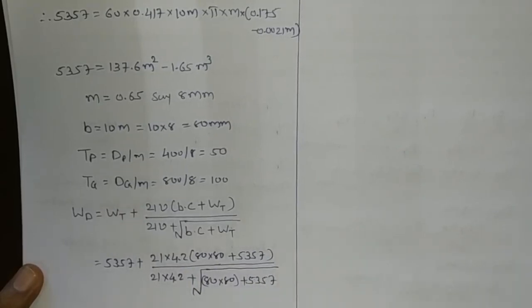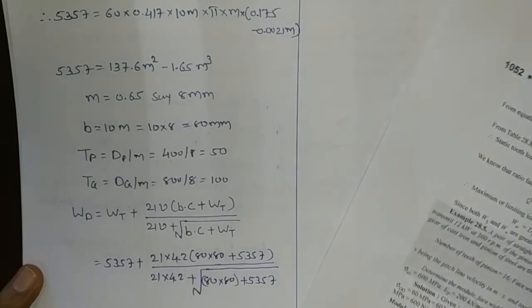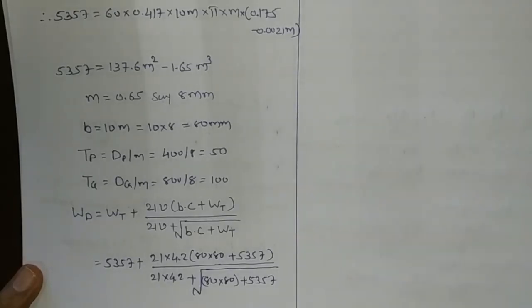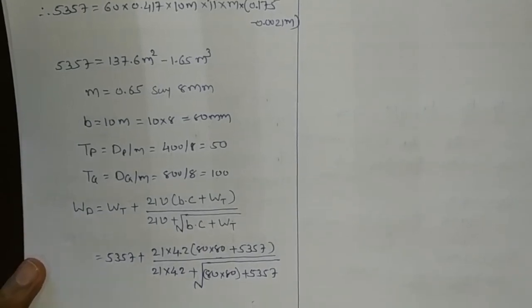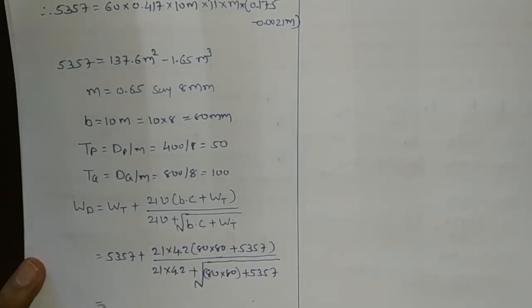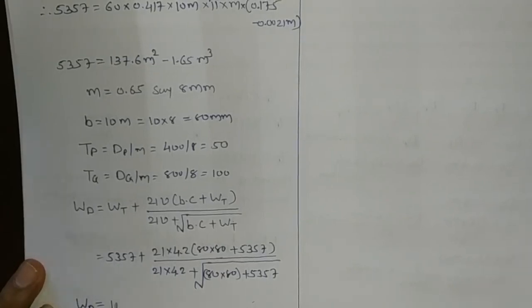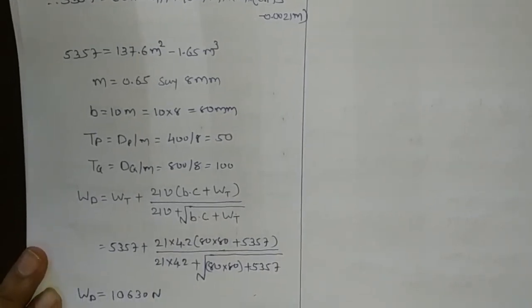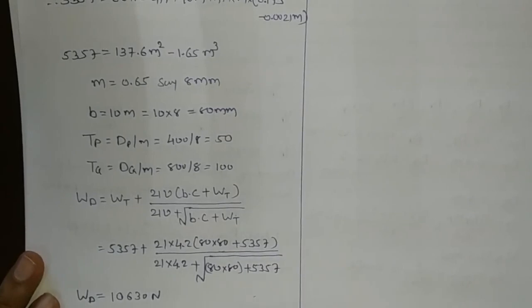Now from this equation you will get the value of WD, the dynamic load. So WD dynamic load is equal to 10,630 Newton.